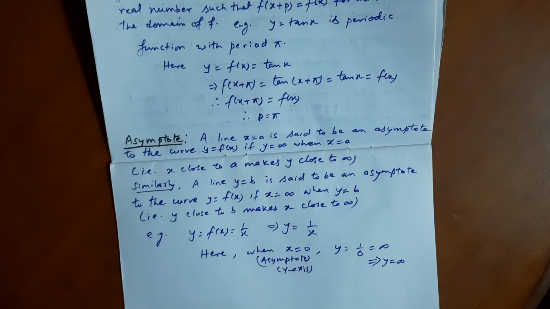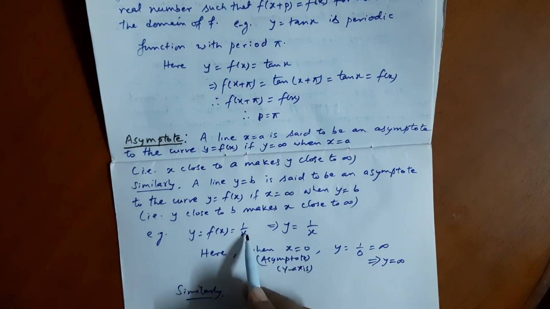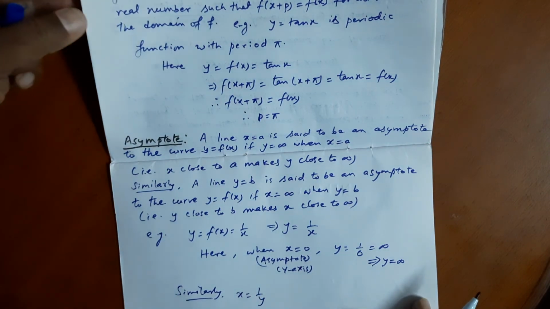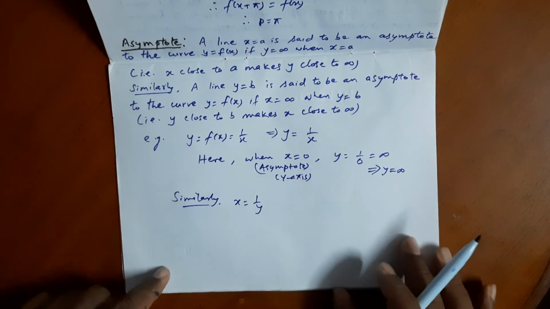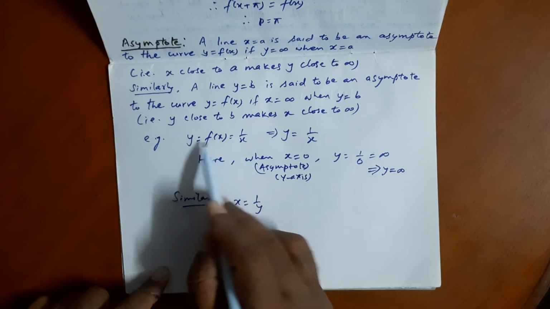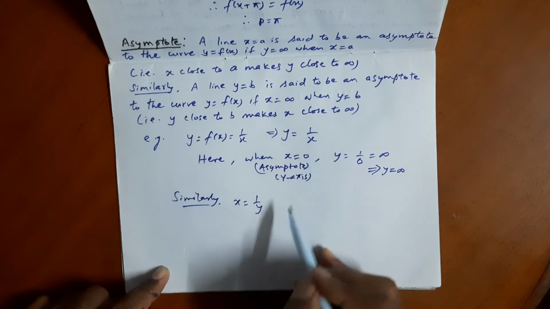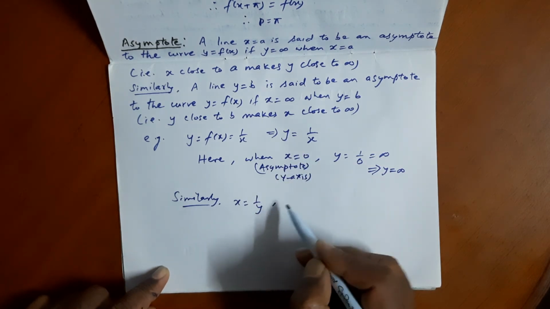Similarly, we can also write this equation as x equals 1 over y, because xy equals 1.